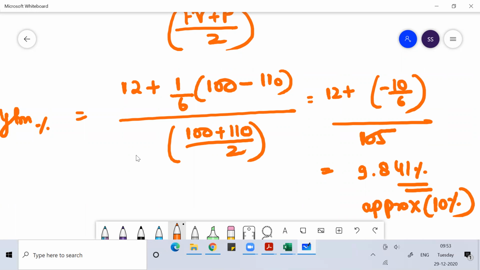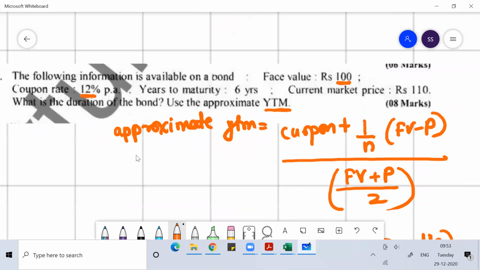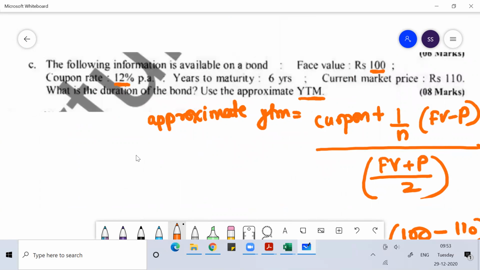Otherwise, this is an 8 marks question, and here I have to find the duration of the bond. Imagine if I start solving the YTM by using the interpolation method, the trial and error method, then it ends up taking a lot of time. There I need to assume the value of YTM. You can see the face value is less than the coupon, so definitely the YTM will be less than 12%.